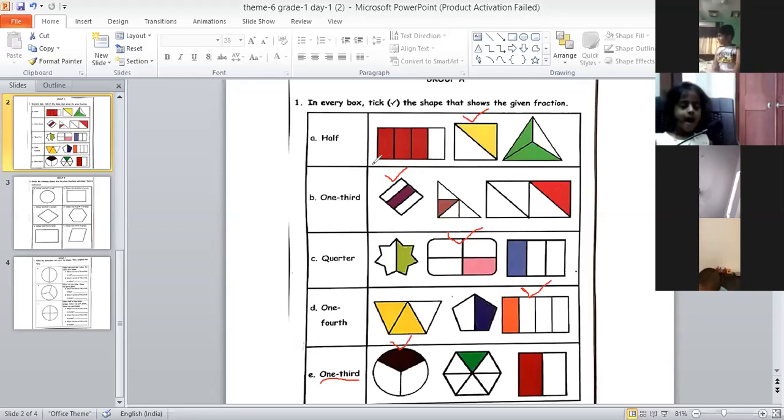So the last shape is representing the fraction half because it is divided into 2 parts, and out of 2, only 1 is shaded, or you can say only 1 is unshaded. Fine. So you should know how to identify the shaded and unshaded part. I hope you all have done this.